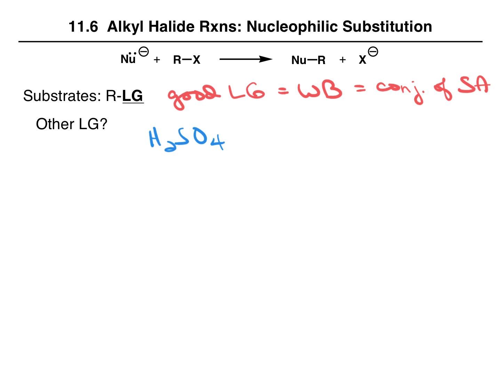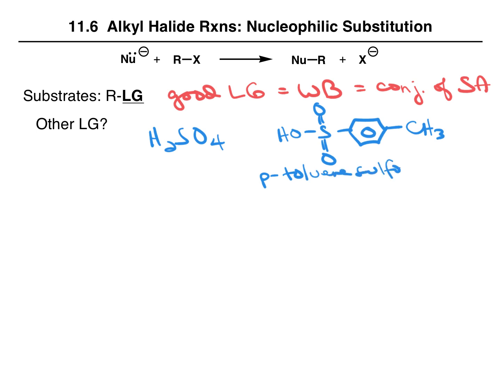And then an organic acid that's kind of related to sulfuric acid and even stronger than sulfuric acid is called para-toluenesulfonic acid, and it's abbreviated tosic acid.